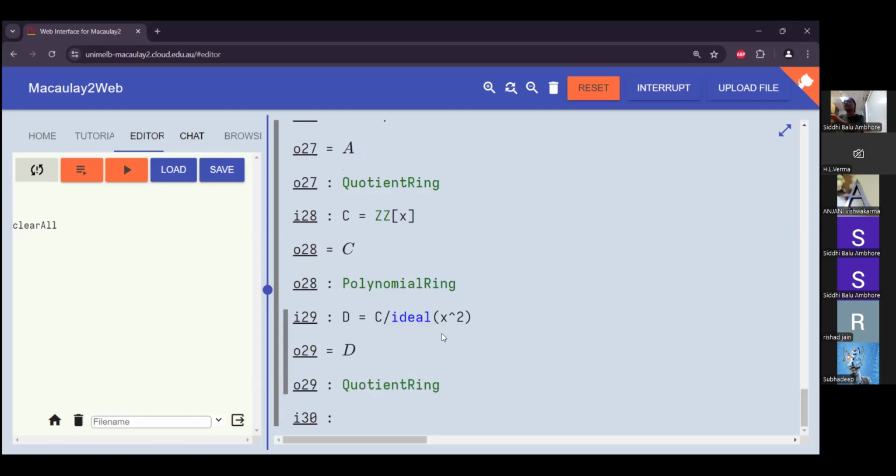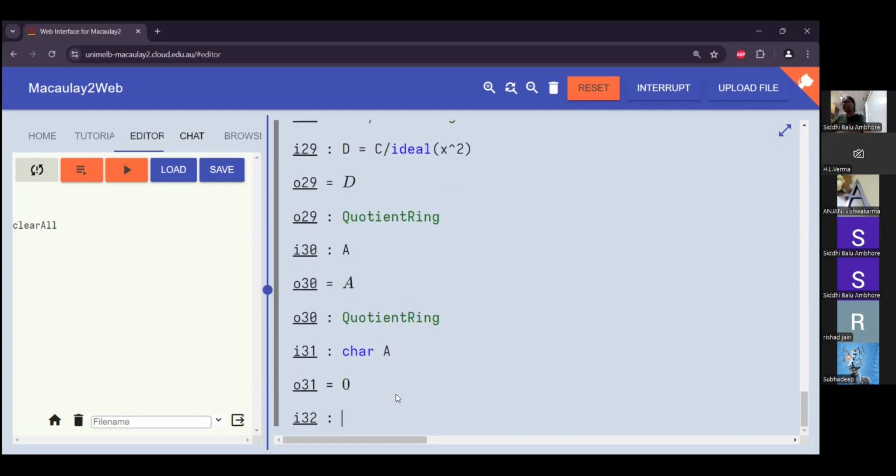That's not a problem. You don't always explicitly define the ideal I separately. You can just write it like this, and Macaulay 2 knows what you are talking about. Okay, so my A was this quotient ring, B quotiented by that ideal. And this is the code for characteristic, and it shows that the characteristic of this ring A is 0.